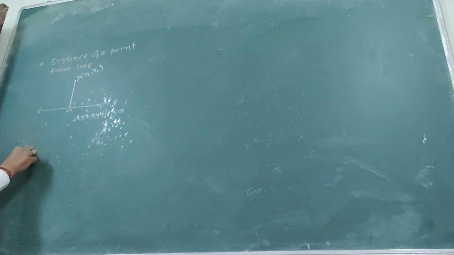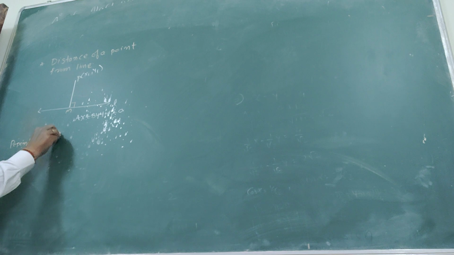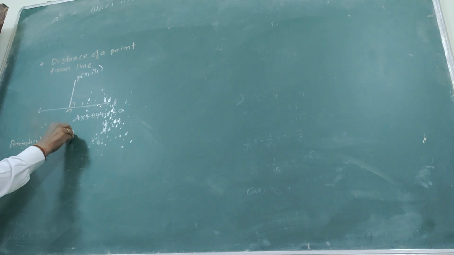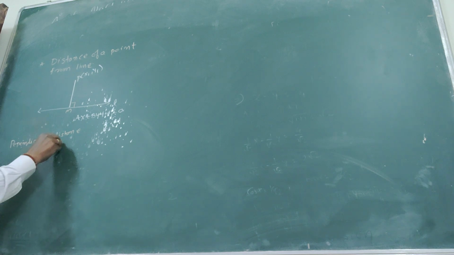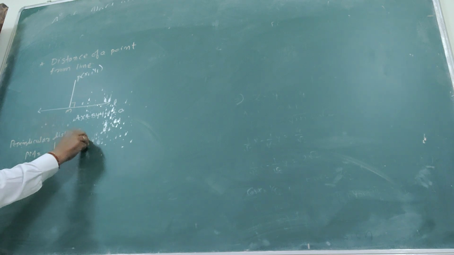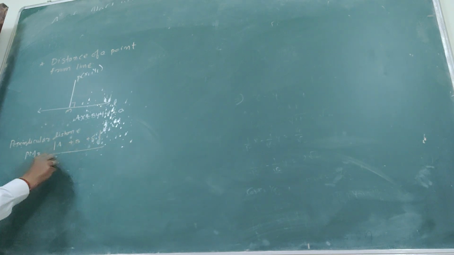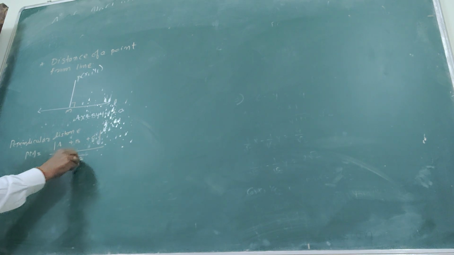So for finding PM, the perpendicular distance, PM is equal to the modulus of (a x1 plus b y1 plus c) upon the square root of a square plus b square.